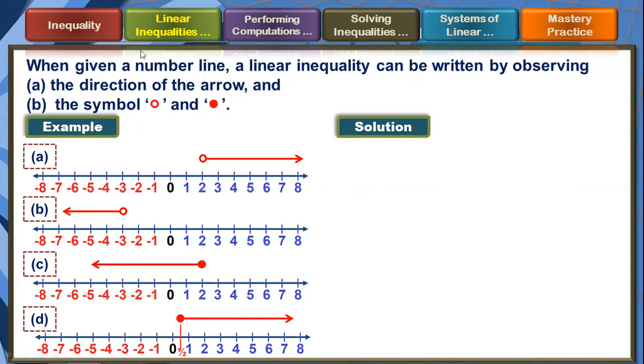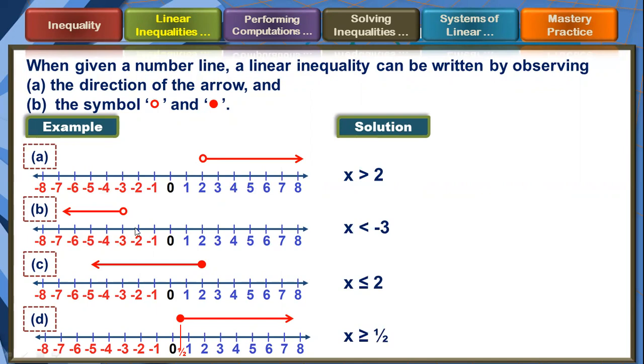For this one, we have 2 here, so we will use 2, and let's use x, for example. This one doesn't have a hole, so it's either greater than or less than. This one is going to the right, so we are sure that it is greater than. Therefore, x is greater than 2.